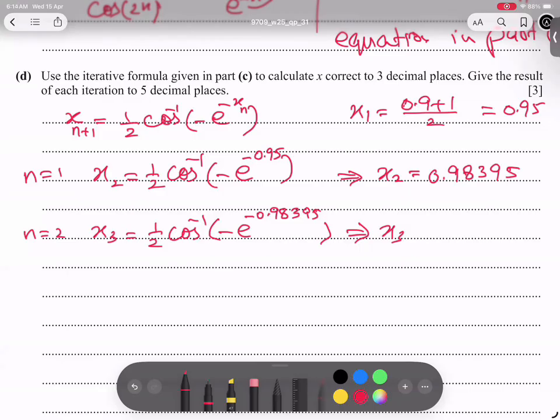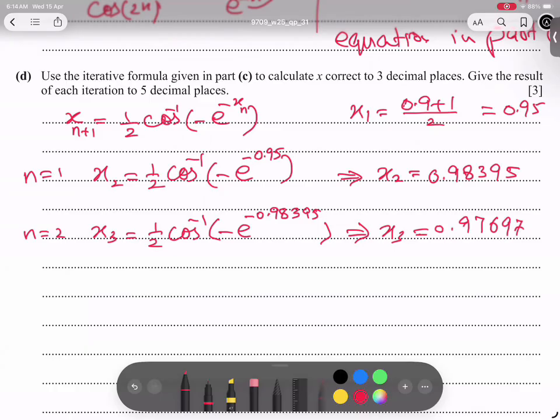And let me check once again. His value becomes 0.97697. Okay, I think point is very clear.